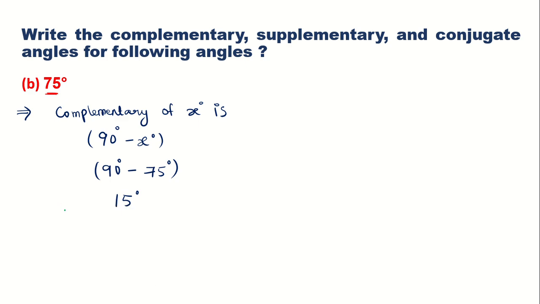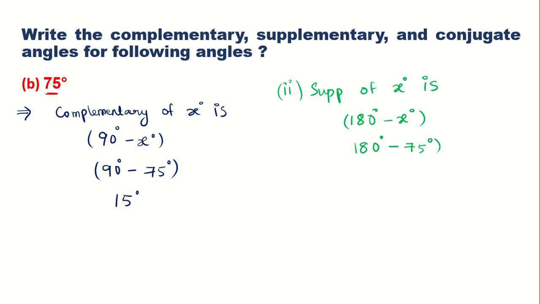Next, you'll see the supplementary angle. Similarly, the supplementary angle of x degrees is how much? You'll find it by 180 degrees minus x degrees. 180 minus what is x here? 75. So, how much result will you get? 180 minus 75 is 105 degrees.